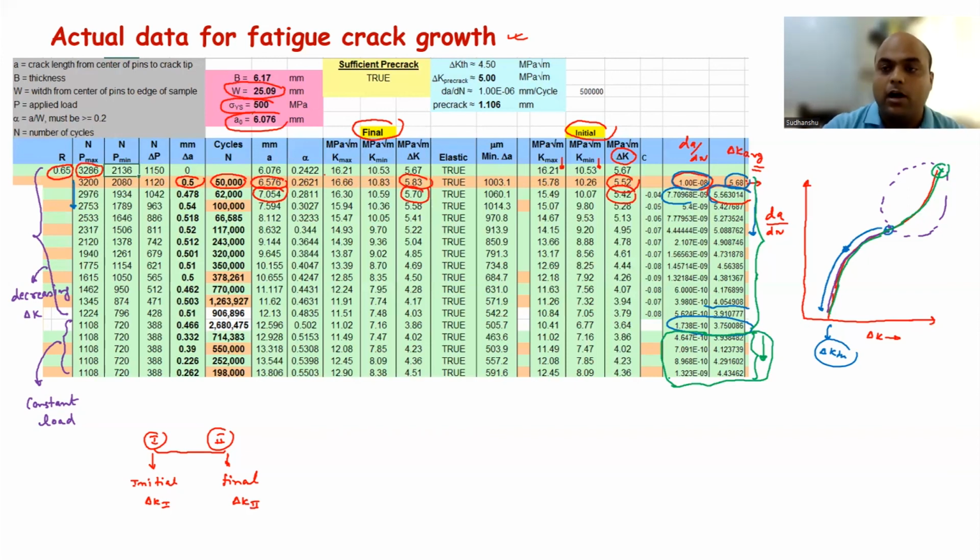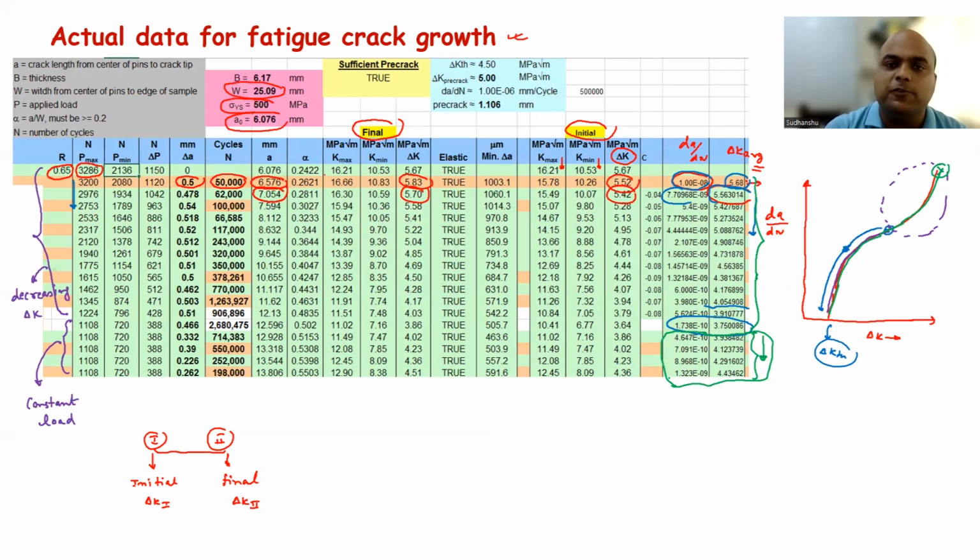So this is how we do fatigue crack growth rate measurement experimentally. You start with the Paris law regime, you do the decreasing delta K method. So your delta K is decreasing, your crack growth rate is also decreasing. And then you are going to obtain delta KTH corresponding to 10 to the power minus 10 meters per cycle crack growth rate.